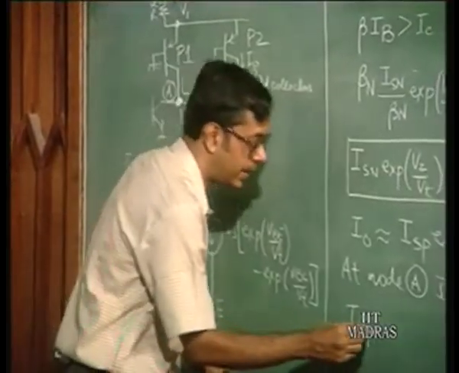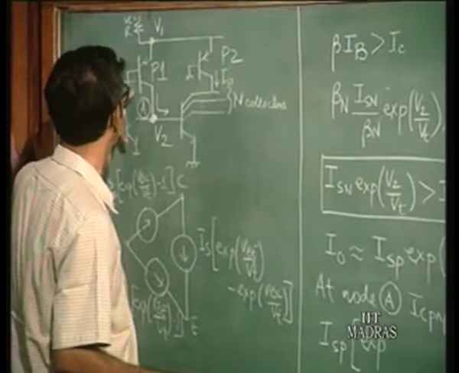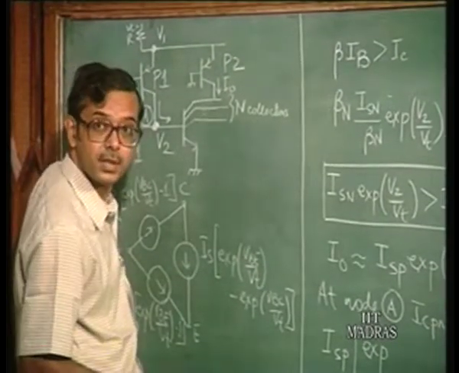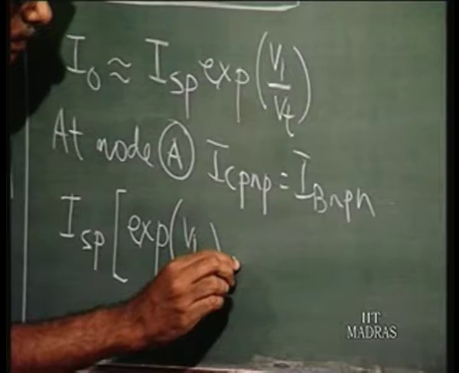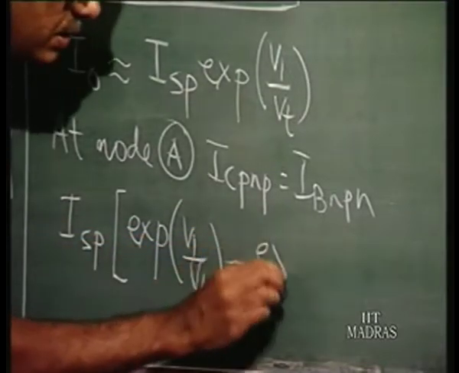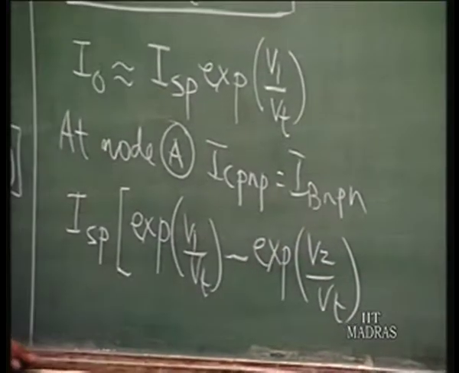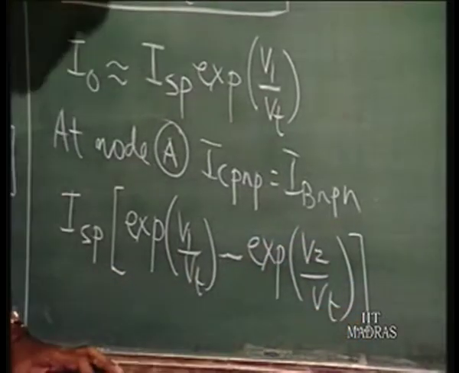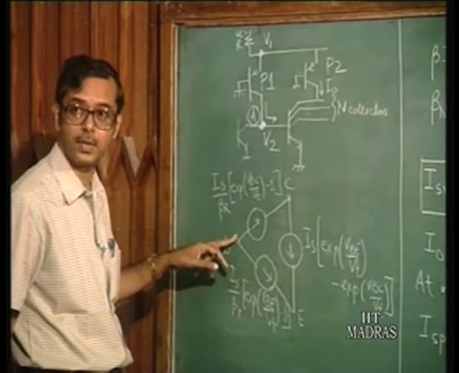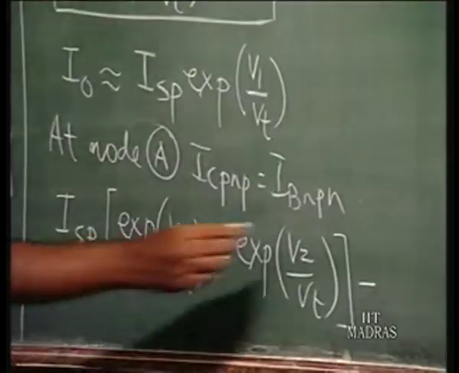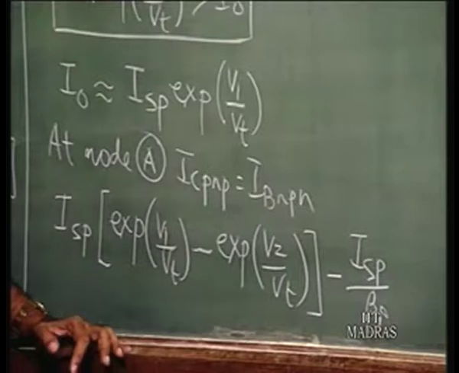So I write ISP exponential VBE, where VBE of the PNP is again V1, V1 by VT, minus exponential VBC by VT, which is exponential V2 by VT, minus this current source, ISP by beta p, that is the beta of the PNP transistor.